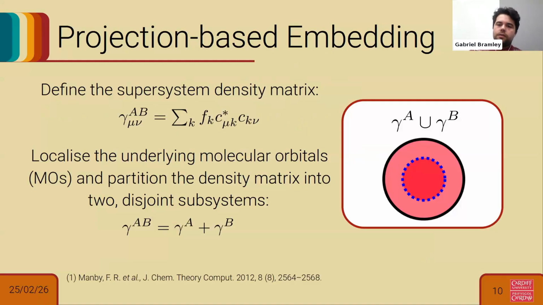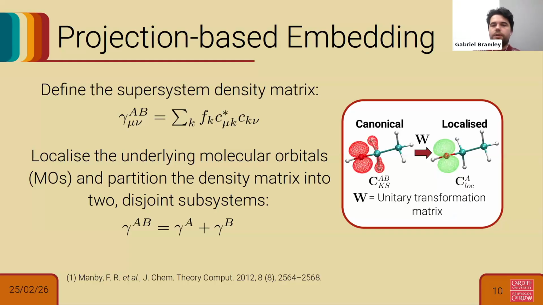And to get the density of your two subsystems, you localize the molecular orbitals and partition the density into two disjoint subsystems A and B. And this is generally achieved using a unitary transformation matrix or some form of transformation method, such as a singular value decomposition, or you can use more of an old school method like Pipek-Mezey or Edmiston-Ruedenberg to move from the canonical Kohn-Sham wave functions to localized wave functions, which you can then select based on where they lie in your system and whether they're centered on the region of interest or whether they're concentrated in your environment.